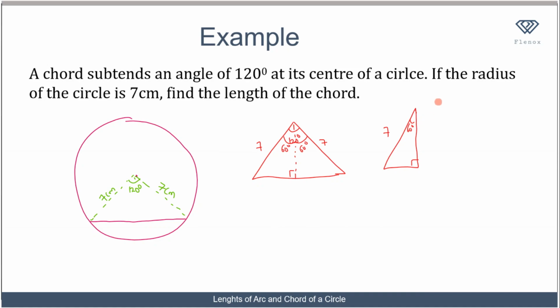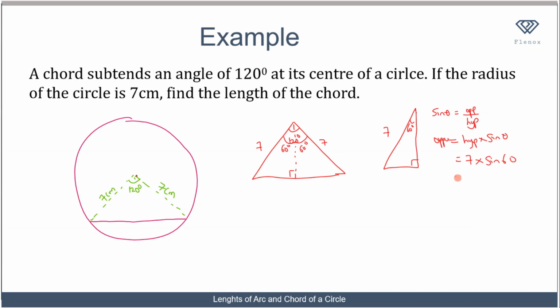Now for my SOHCAHTOA, I know that sin theta equals opposite over hypotenuse. So my opposite, which is what I'm looking for, over here, because this is opposite to the angle, equals my hypotenuse times sin theta. So my hypotenuse in this case is 7, and my theta in this case is 60.